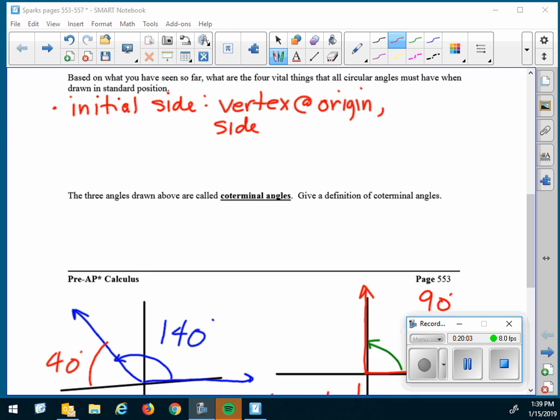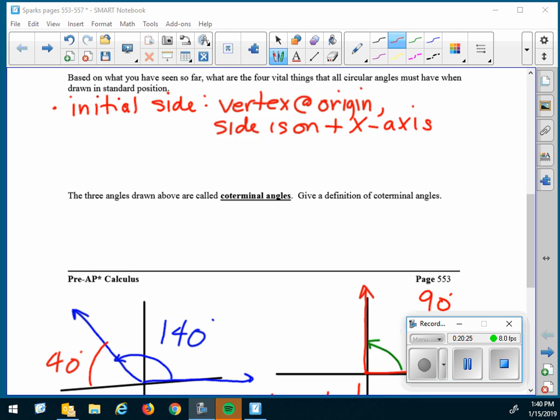The side is on the positive x-axis. That's one, the initial side. You must have an initial side whose vertex is at the origin and the ray itself is on the positive x-axis.